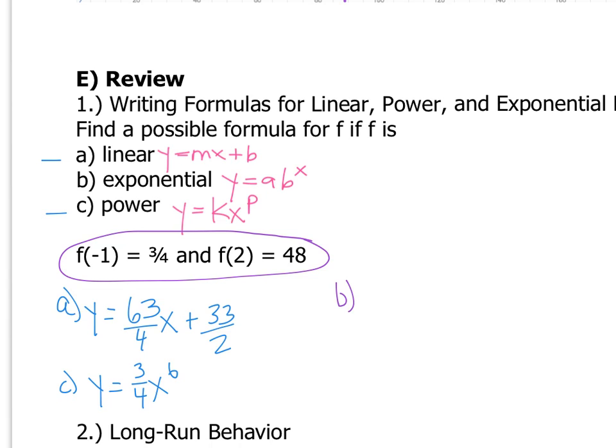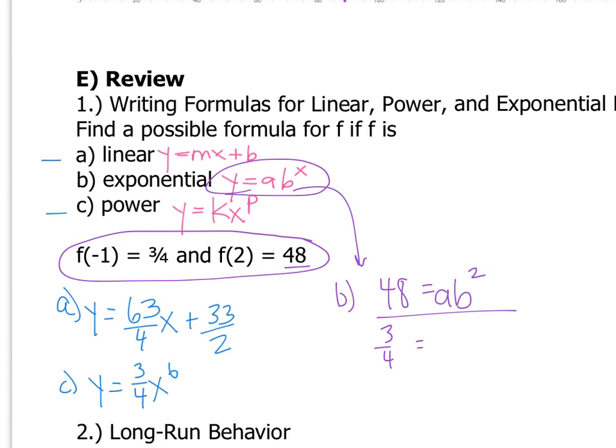We're going to start with the general exponential function, y equals ab to the x, and very similar to how we do a power function, we're going to plug in our values of x and y. First, I'll have 48 equals ab to the second, and we'll divide that by 3/4 equals ab to the -1st.